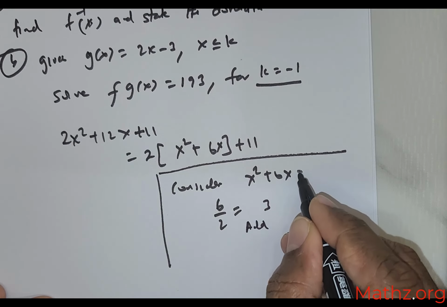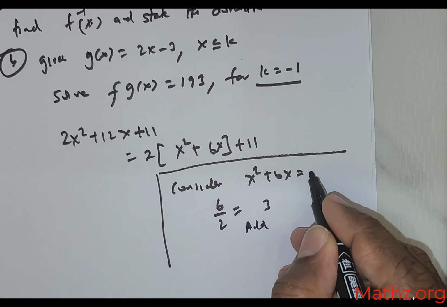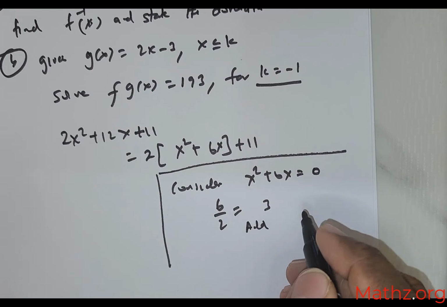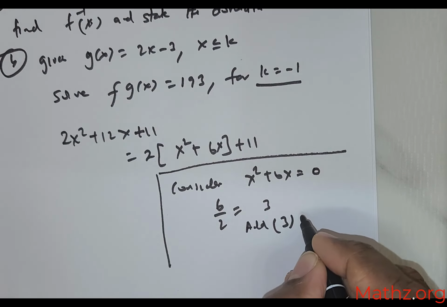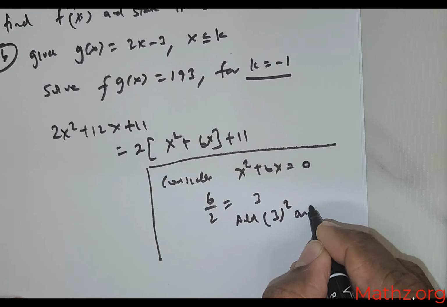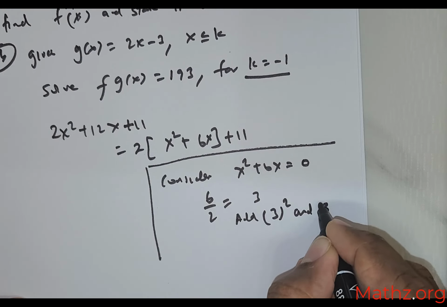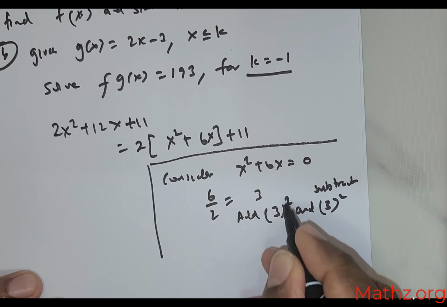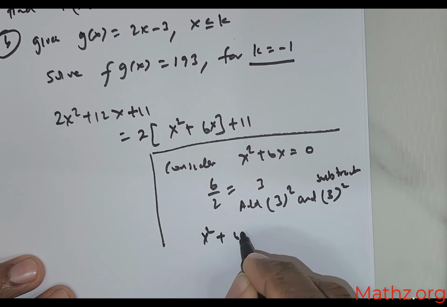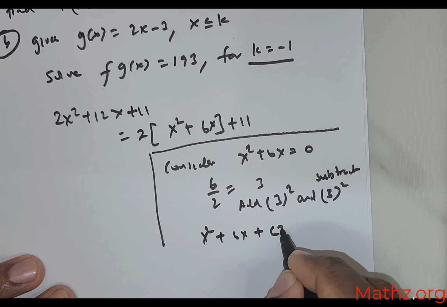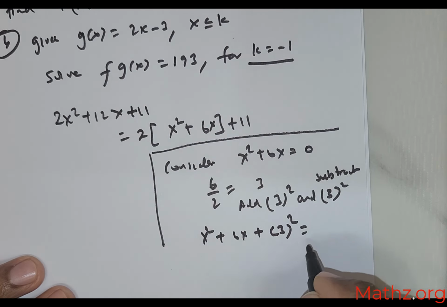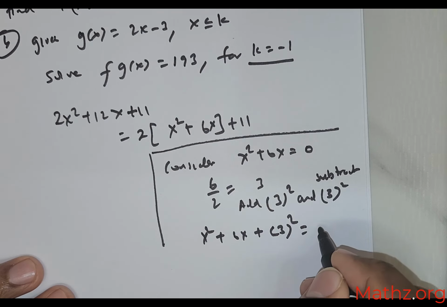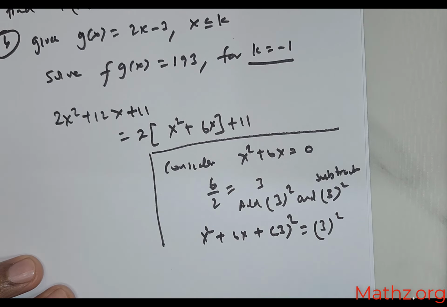Now add and subtract 3 squared. So this is going to be x squared + 6x + 3 squared, and you're subtracting it, so 3 squared will be over here.